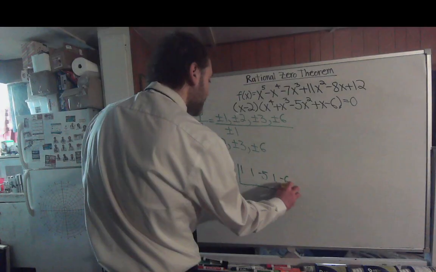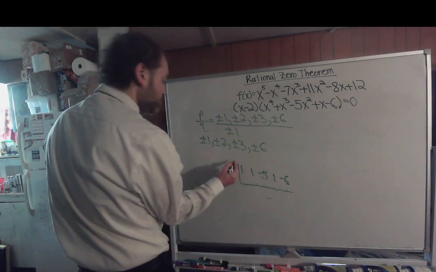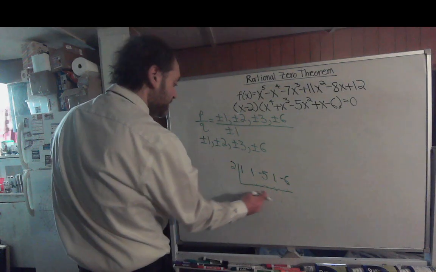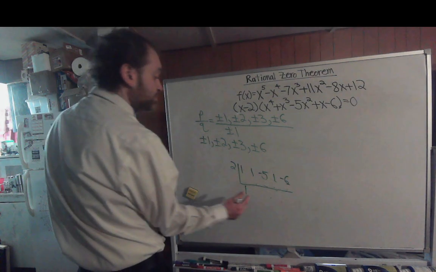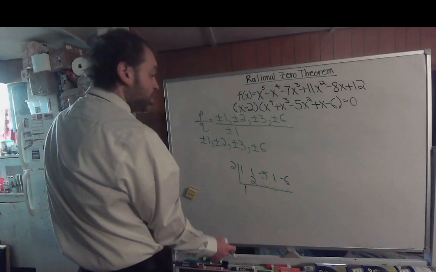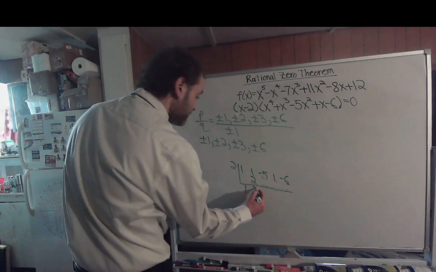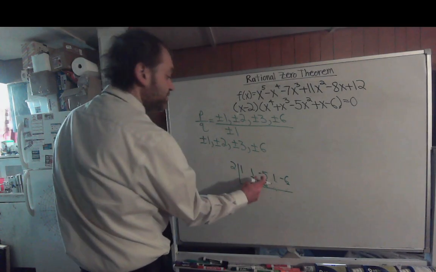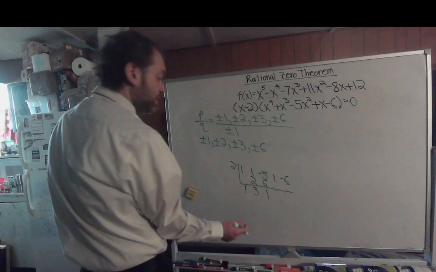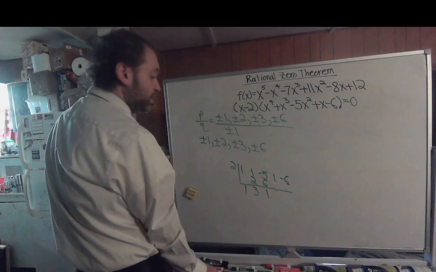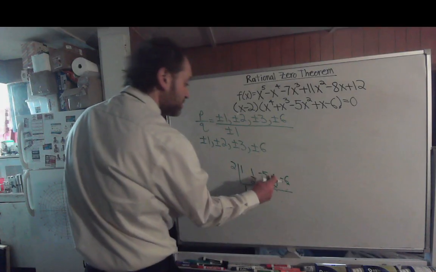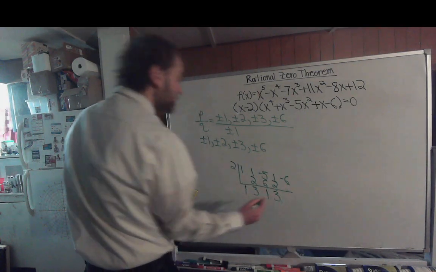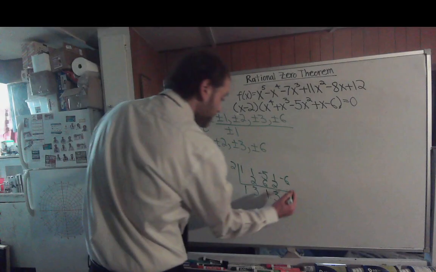Why don't we try 2? So bring down your 1. Now 2 times 1 is 2. 1 plus 2 is 3. 2 times 3 is 6. -5 plus 6 is +1. 2 times 1 is going to be 2. 1 plus 2 is 3. 2 times 3 is 6.